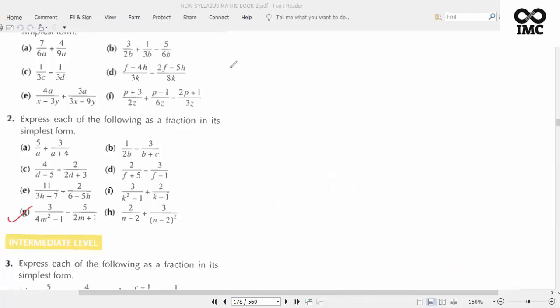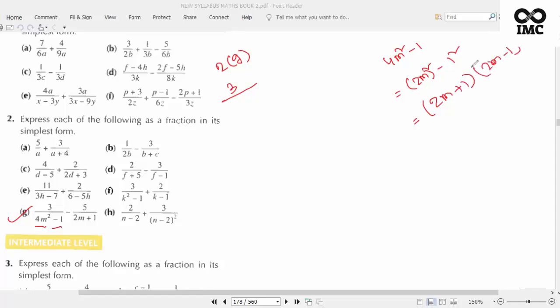Now number g. Number g says 3 divided by, instead of 4m square minus 1. Look, 4m square minus 1 can be written as 2m whole square minus 1 square. From the idea of the algebraic identity, we can write a square minus b square will be a plus b into a minus b. So instead, we can write 2m plus 1 into 2m minus 1.